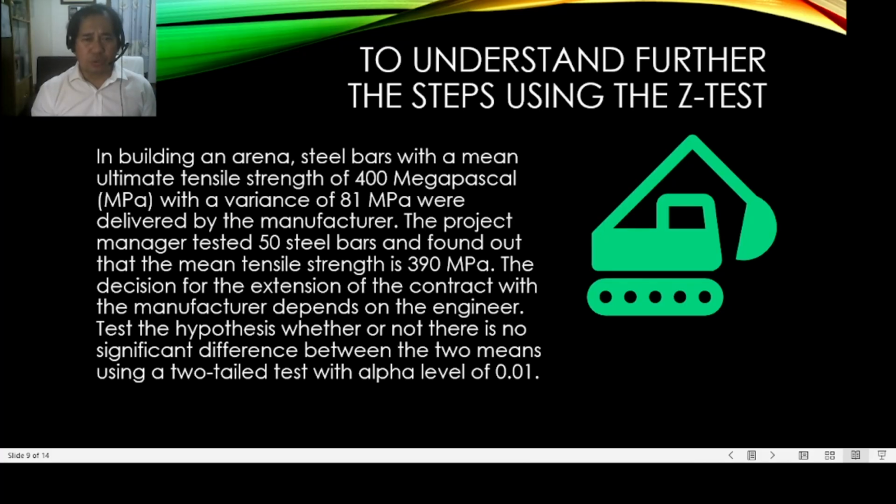The decision for the extension of the contract with the manufacturer depends on the engineers of the manager. It says in here, test the hypothesis whether there is no significant difference between the two means using a two-tailed test with an alpha level of 1%, or alpha level is equal to 0.01.